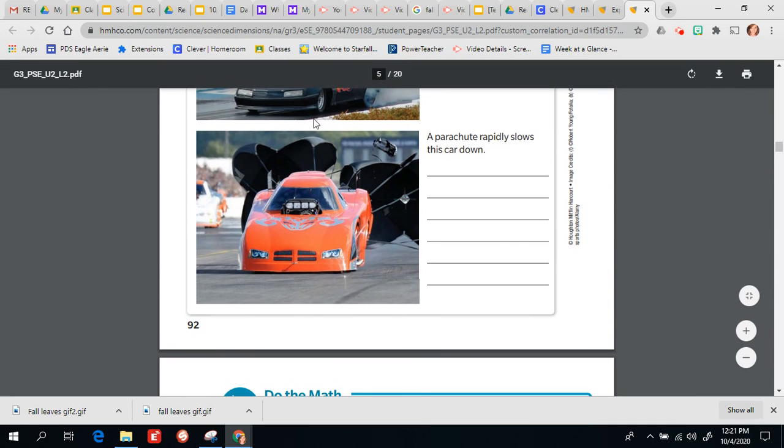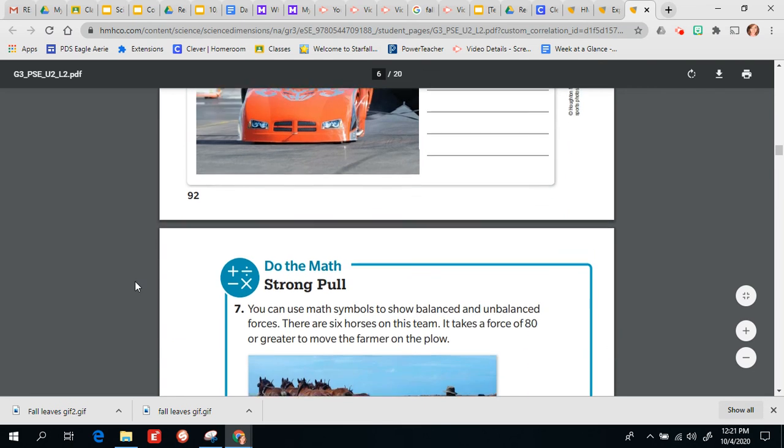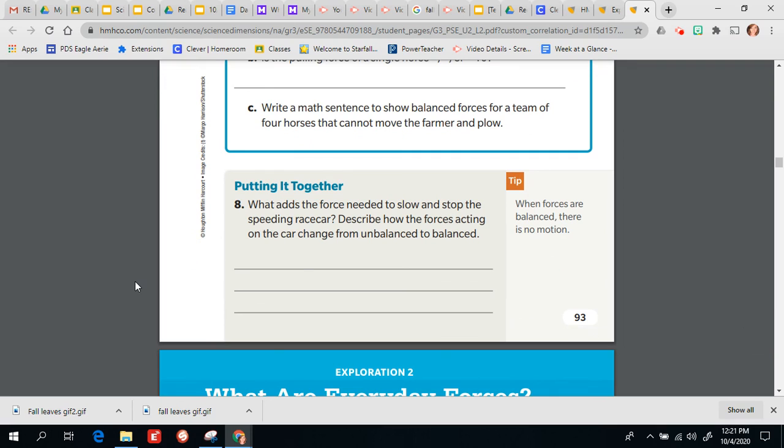So let's look at this picture in particular. What is stopping the speeding race car? Write your answer on the line at the bottom of page 93. And the tip over here says when forces are balanced, there is no motion.